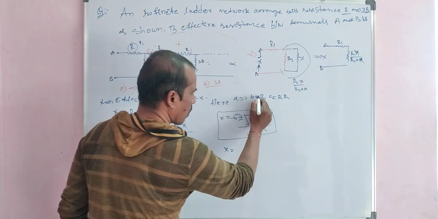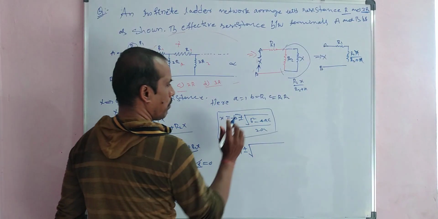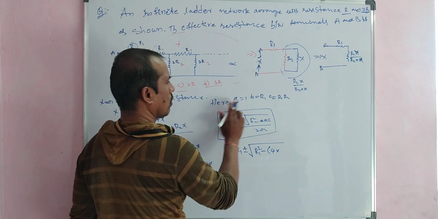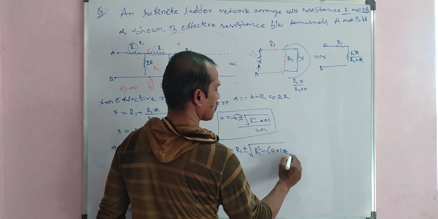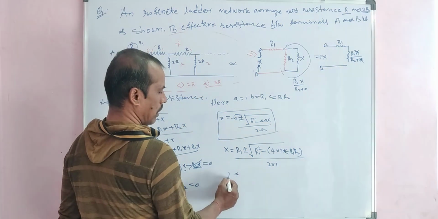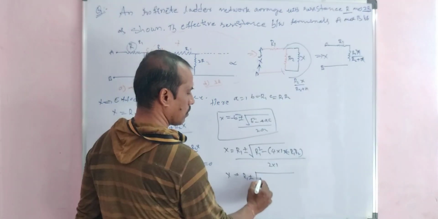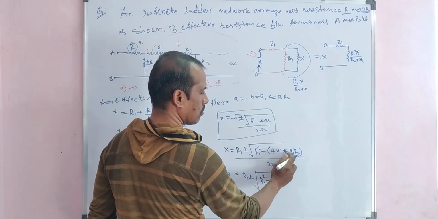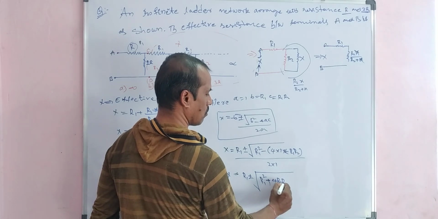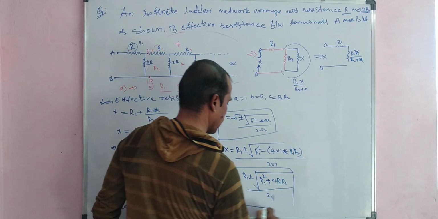X is equal to R1 plus or minus under root of R1 square plus 4 R1R2, by 2. This is the effective resistance of the given circuit.